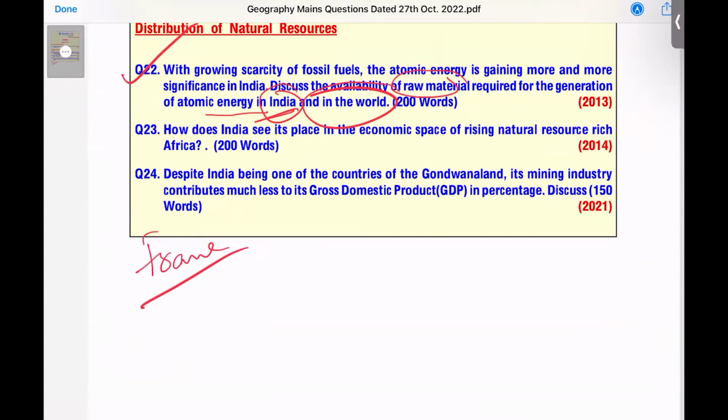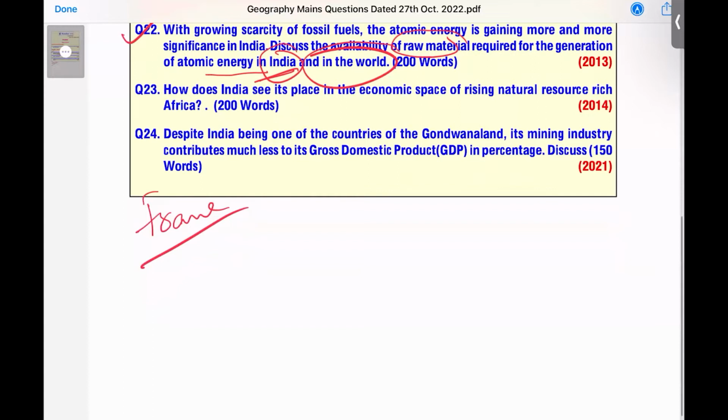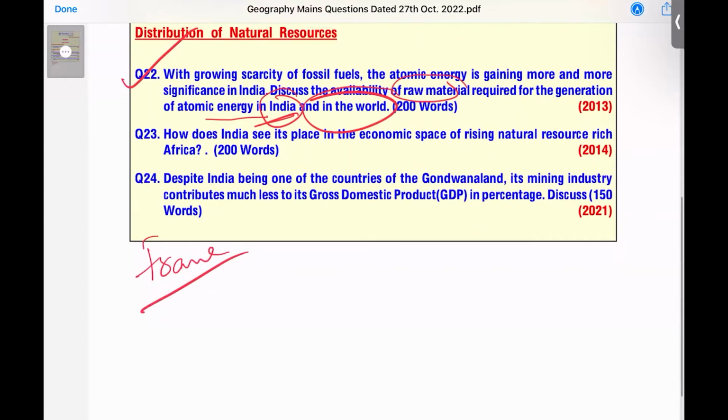So the introduction will be to explain the statement: the growing scarcity of fossil fuels, the atomic energy is gaining more and more significance. But it's not only the scarcity of fossil fuels, right?